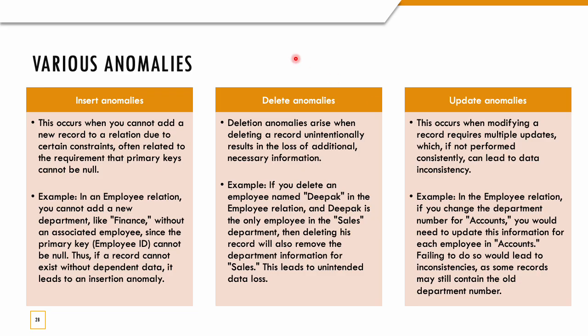And the next anomaly is the delete anomaly. A delete anomaly happens when removing a piece of data also causes you to lose other important information you didn't mean to delete. For example, let's say you have an employee table where each employee's record includes their department. Now suppose you have an employee named Deepak, who is the only person in the sales department.